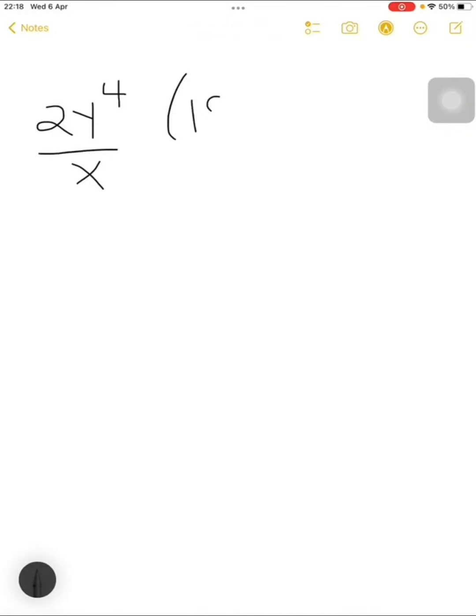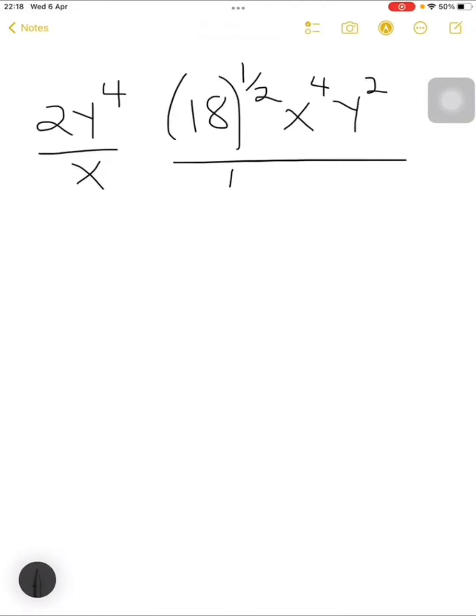So we're going to have 18, and then we've already gotten the square root of x power 8 and y power 4, so it's only this one which will be having the power half. Then the others will have x power 4 and then y squared, then divided by this other one, 6xy, and then power half. So this part here still remains the same as per now.